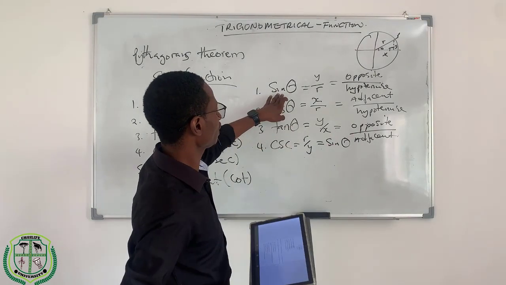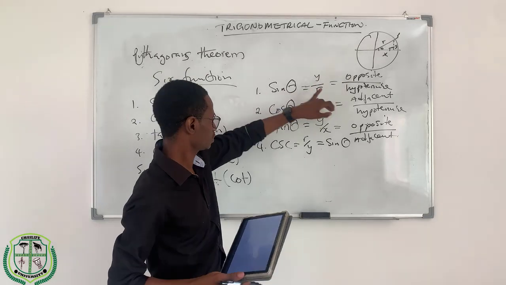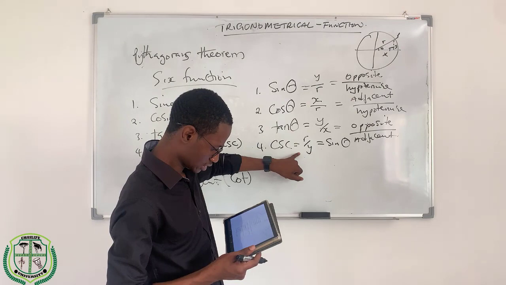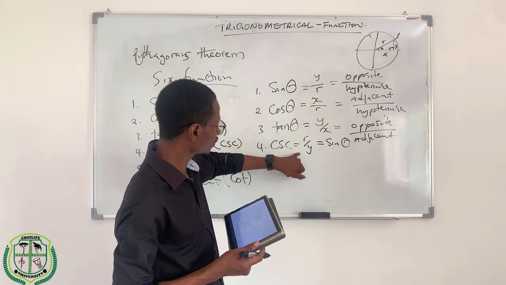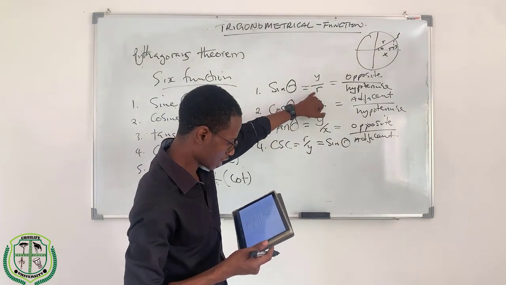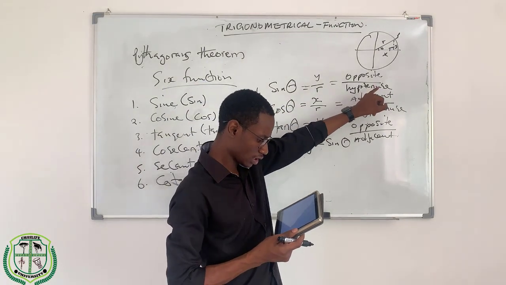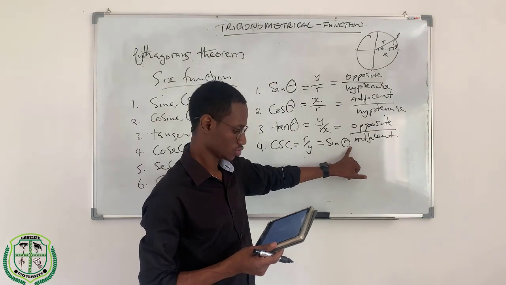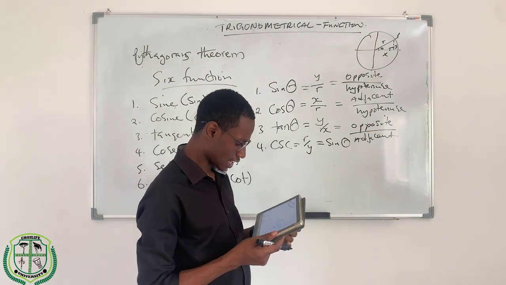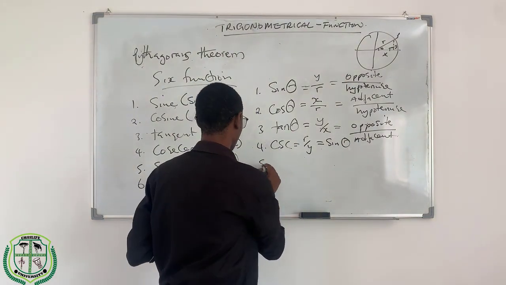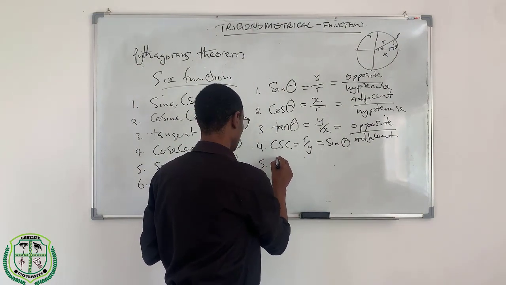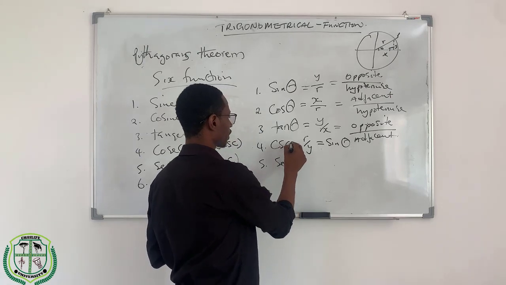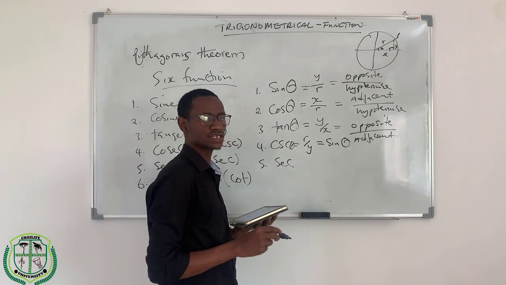You saw what is happening here. Sine theta is y over r, opposite over hypotenuse. So cosecant is the reciprocal of sine theta.